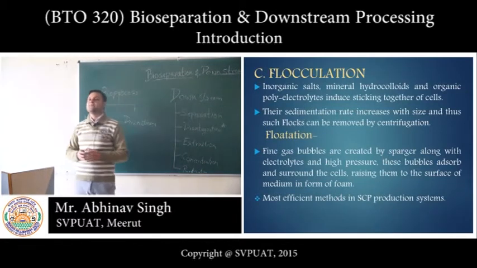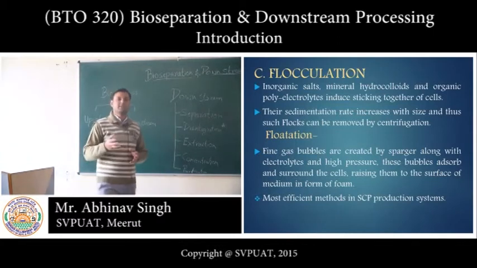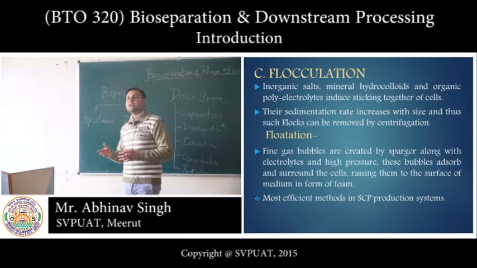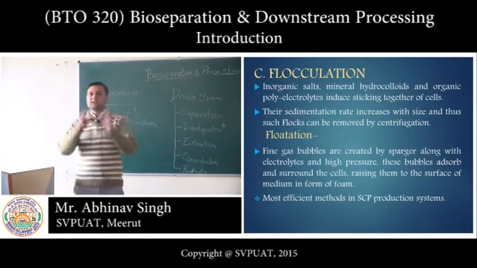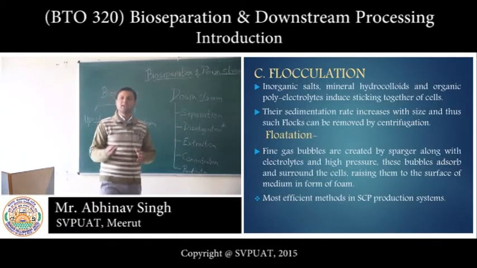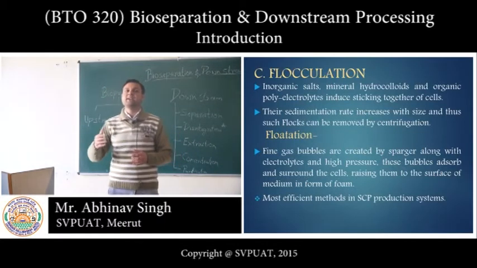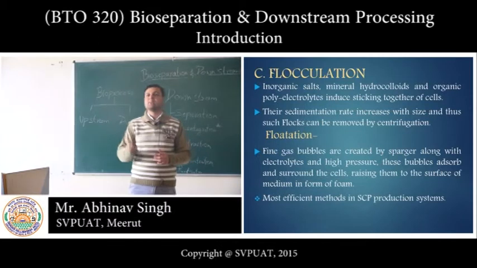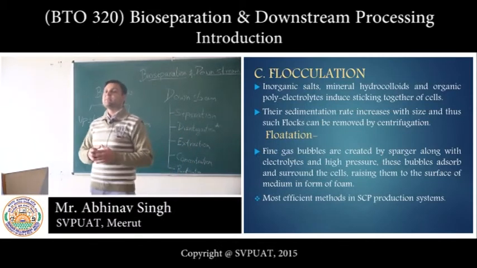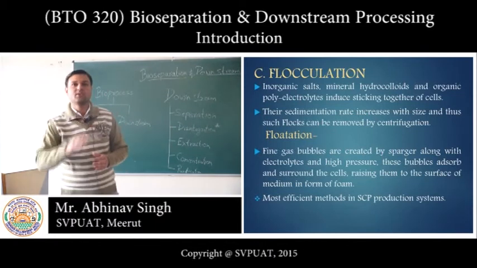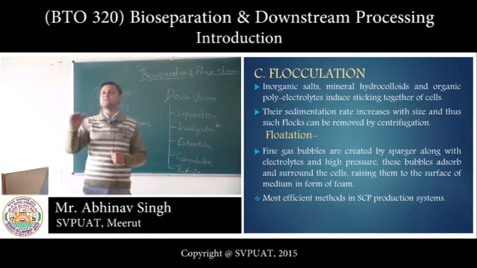Later on, if this is also not working, then we can go for the next thing, that is flotation. In a flask, we simply pass air with high intensity, so air bubbles are passed. These air bubbles will stick to the cells and help the cells rise to the topmost layer of the fluid.